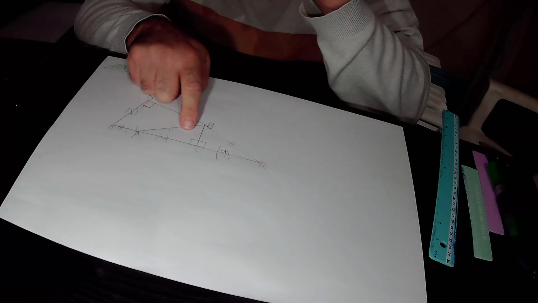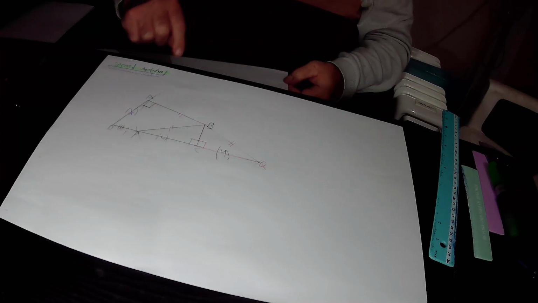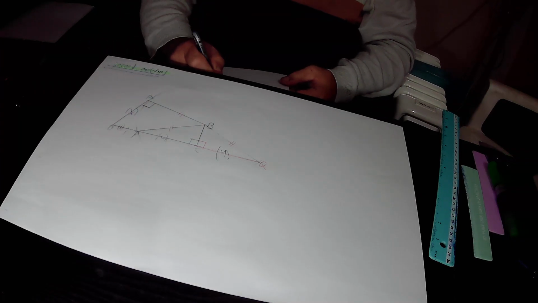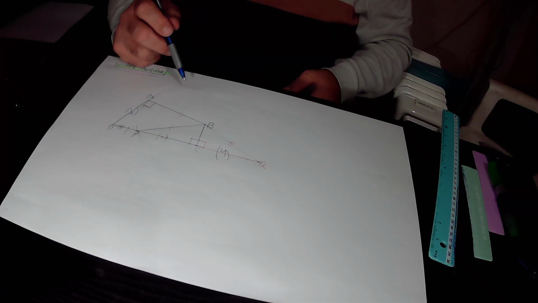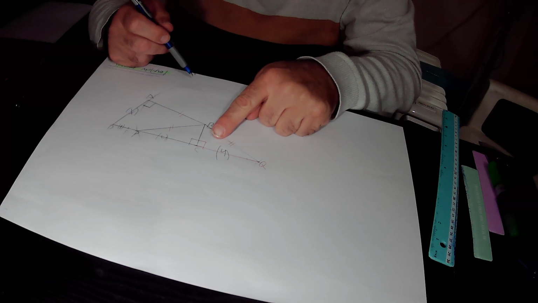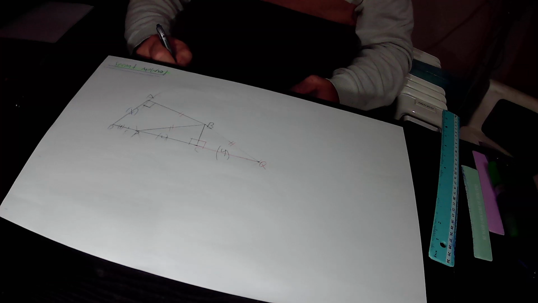So this is angle BCP in triangle PBC, and it is equal to this angle, which is actually angle BCQ in triangle BCQ.